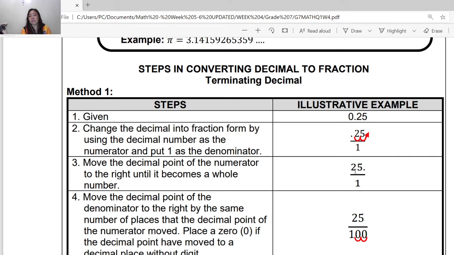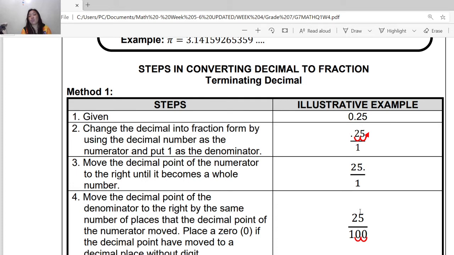If the decimal point is already after the number, therefore it is already a whole number. How many places did you move to the right? That is 2 places. Therefore, since you have 1 as the denominator, you will just add 2 zeros.